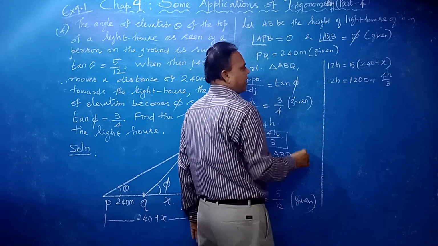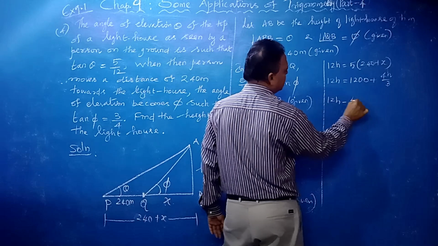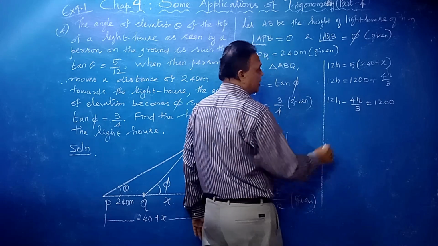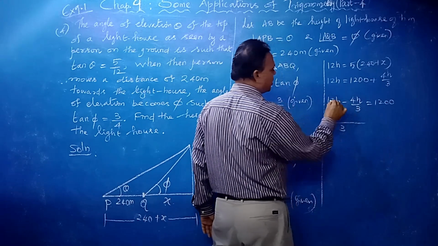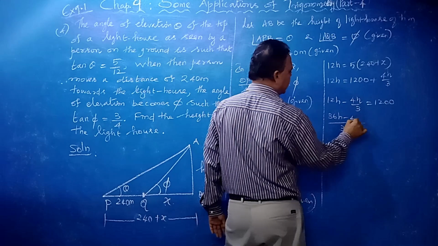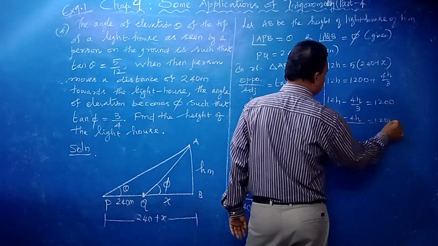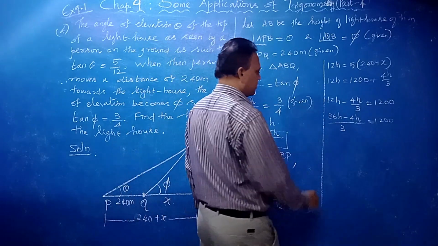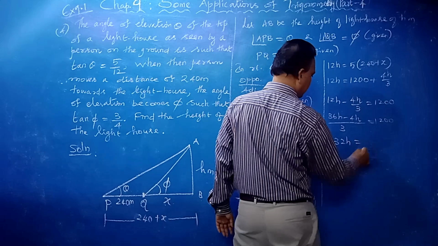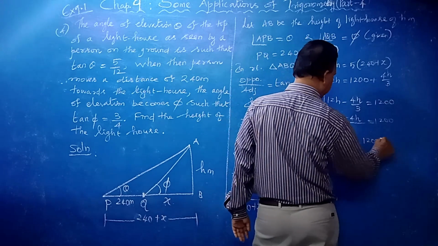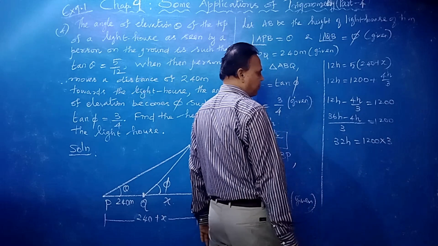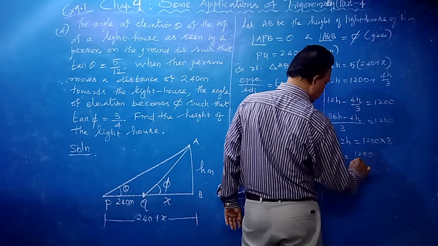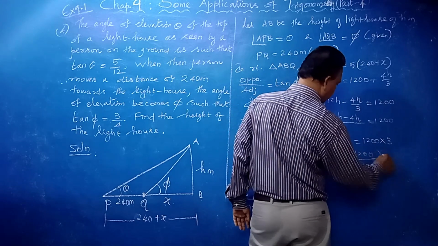This one you bring this side. 12h minus 4h by 3 equal to 1,200. Cross multiply means 36h minus 4h is equal to 1,200. Now this will be 32h equal to 1,200 into 3. Divide it. H is equal to 1,200 by 32 into 3.